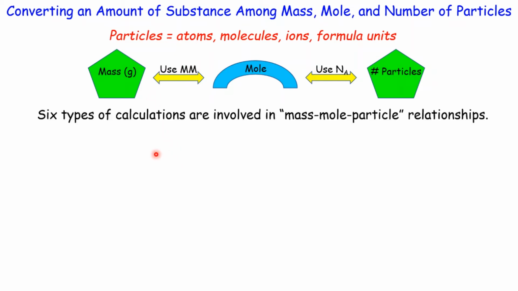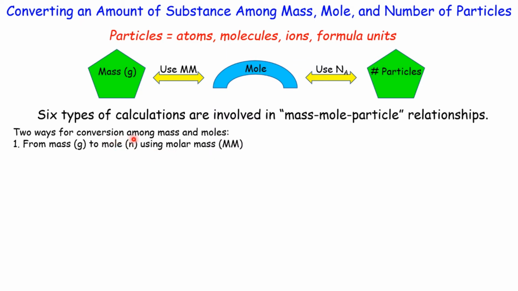So there are typically 6 types of calculations here. The first 2, we are talking about conversion among mass and moles, okay? So it's this part. So number 1, from mass to mole, using the molar mass as conversion factor, okay, you know mass, all right?